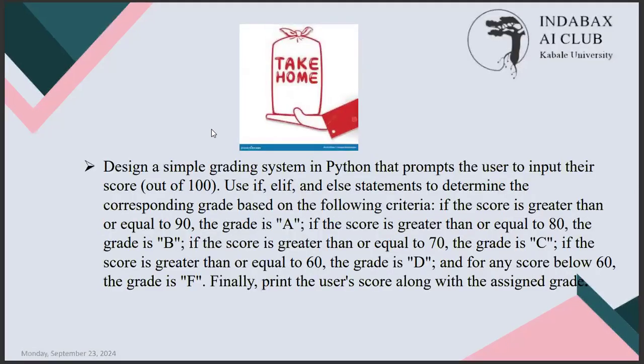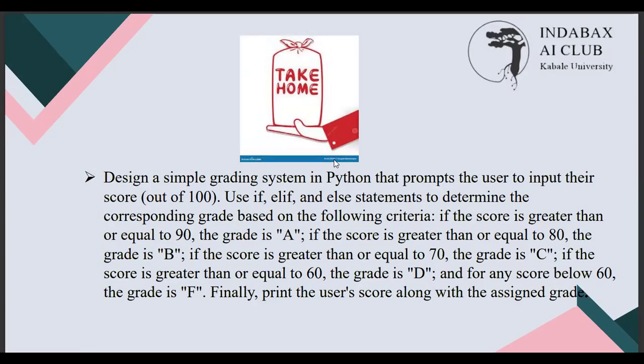Then part 2, you will design a simple grading system in Python that prompts the user to input their score out of 100. Then use if, elif, and else statements to determine the corresponding grade based on the following criteria.